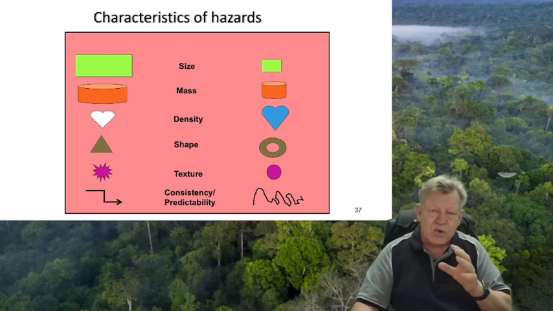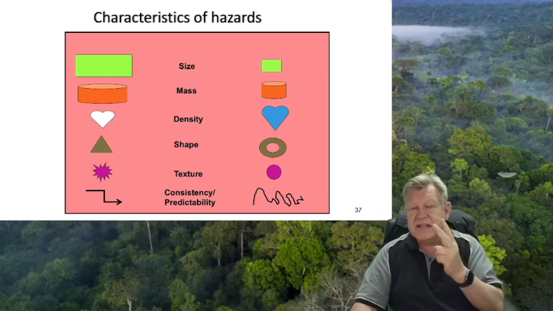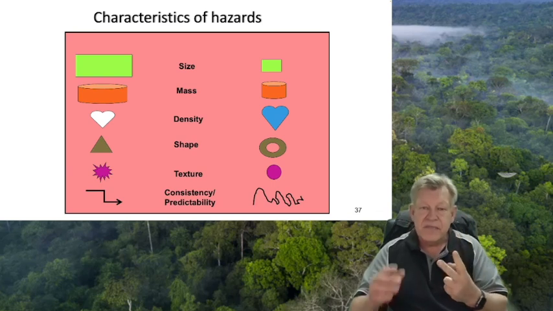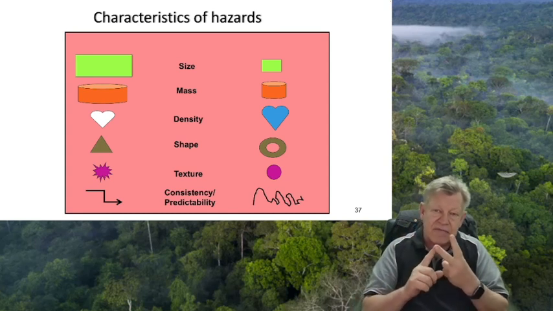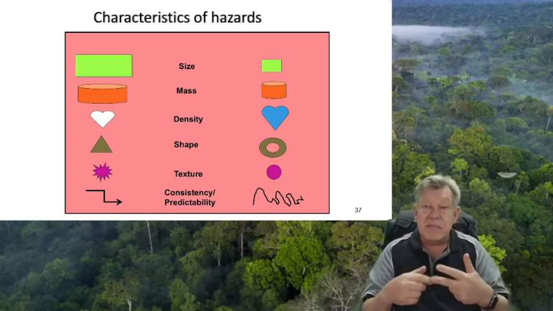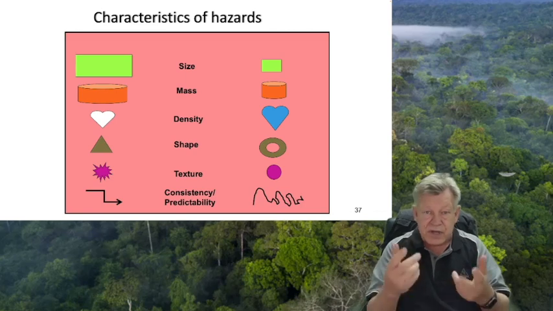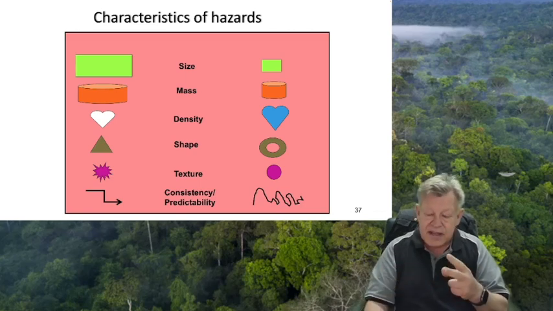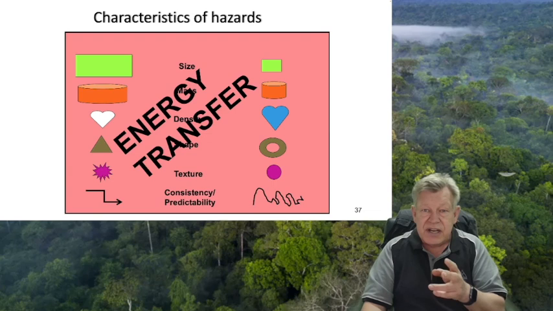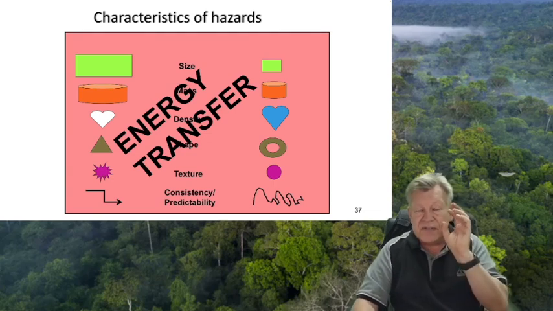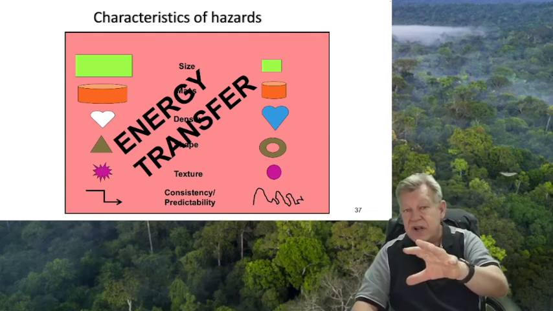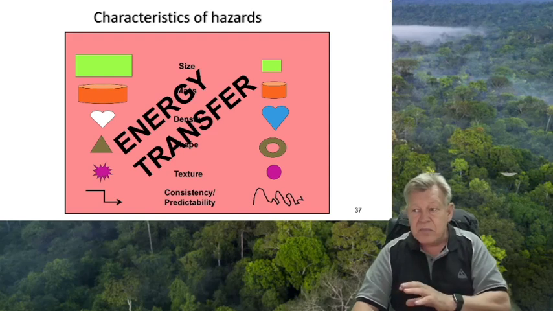But before I get to context, I said that a hazard needs two things to be a hazard. The first one, it must have closing potential. In other words, it must be able to touch you or the target. The second thing, it must have energy, and when it transfers that energy into the target, it causes harm.